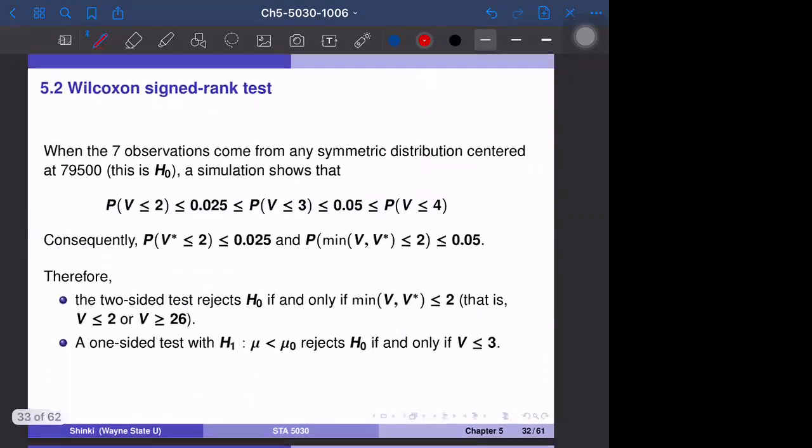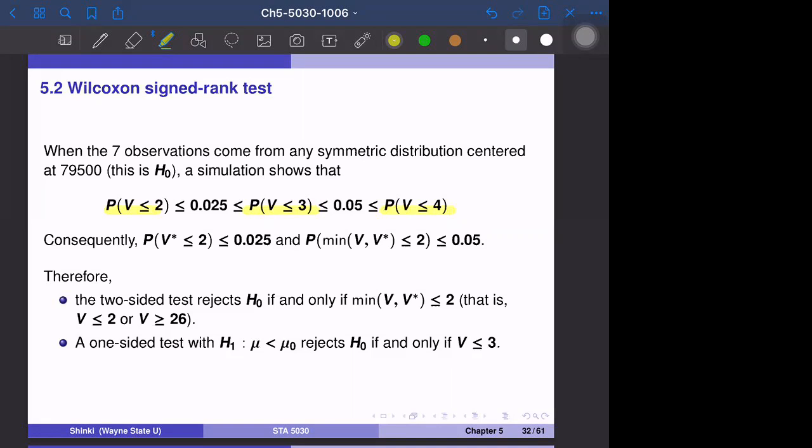For this specific case with 7 observations, the number of observations determines the distribution of V. If we calculate it by simulation, the probability of V less than 2 is smaller than 0.025. The probability of V less than or equal to 3 is between 2.5% and 5%. And the probability of V less than 4 is more than 5%.